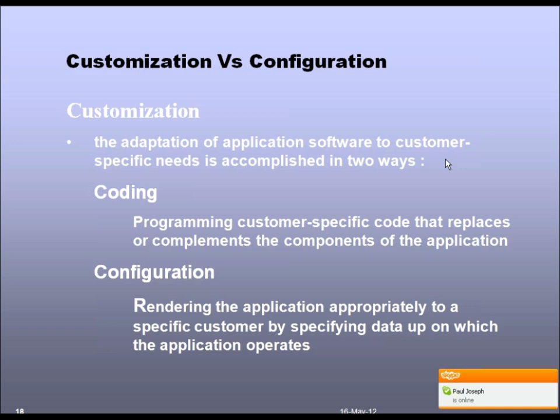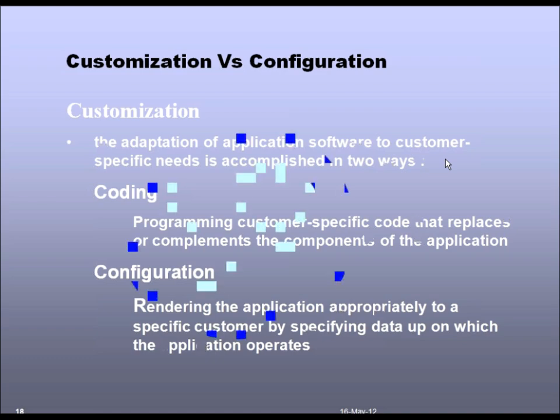Let me try to help you understand what is customization versus configuration. See, customization is nothing but adapting the software to suit the customer requirements or the customer specific needs. This customization can be done by two means, one by configuration, second by coding.